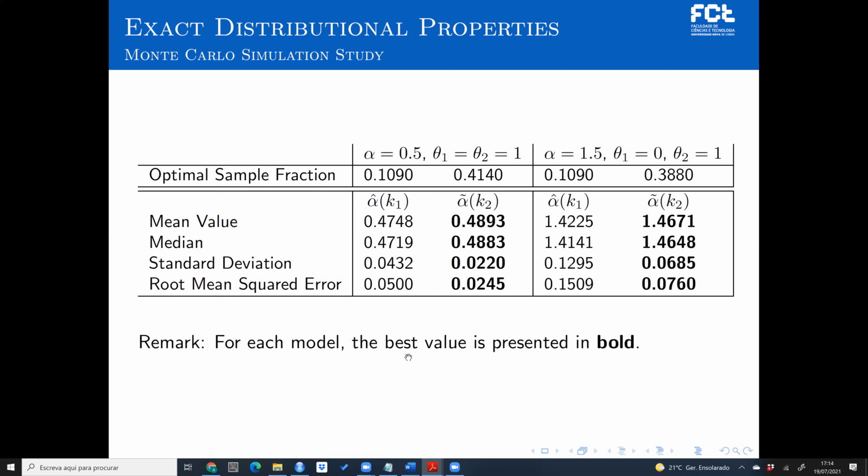For each model, the best value is presented in bold. What can we conclude? We can conclude that at optimal level, the mean value and the median are very close for both models here considered. This result is expected since both estimators have an asymptotic normal distribution.